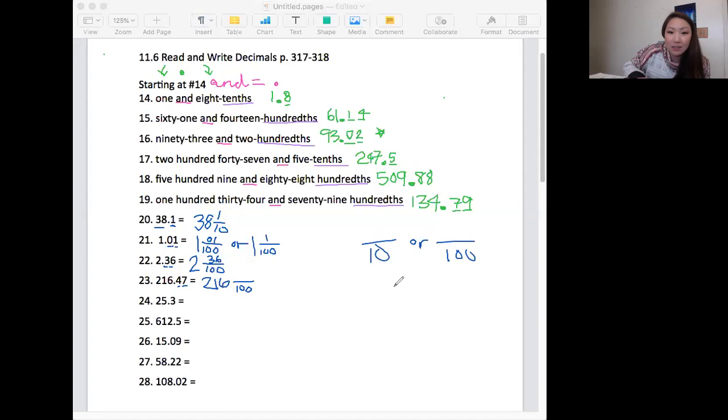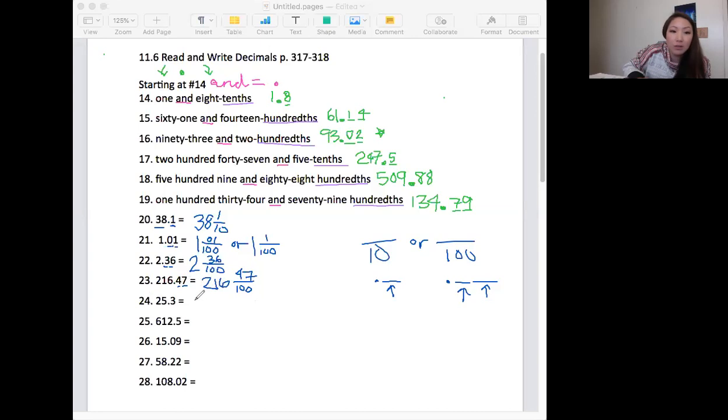The 10 means it's the place right here after your decimal, or whatever you have in front of your decimal. And then our hundredths means there's 2 place values, okay? Alrighty. So we have a 47 that goes in our numerator, the 47 in that place value, okay?